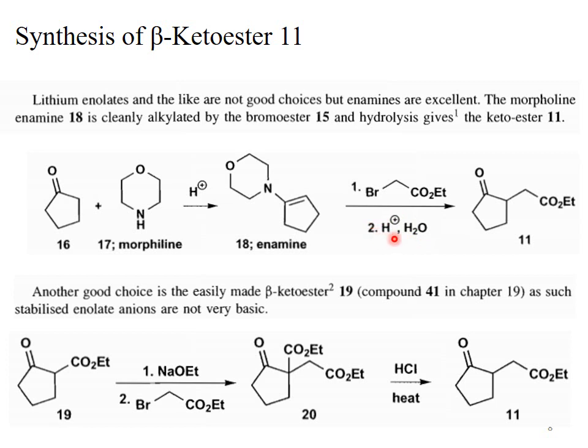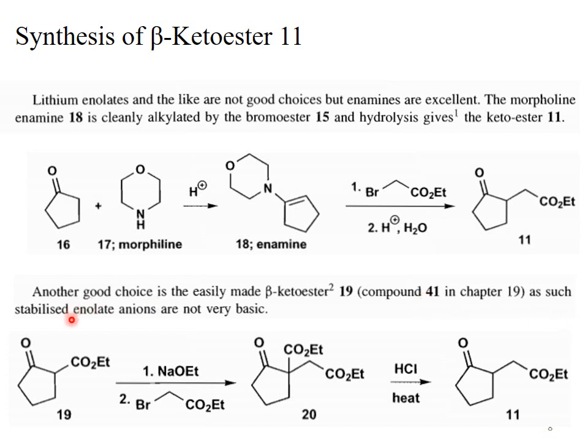So there is no chance that the enamine abstracts the acidic proton from the bromoester, but it works as a nucleophile, and the lone pair of nitrogen moves inward and the pi bond attacks at this carbon, that is alpha carbon, and the bromine will leave as a leaving group.